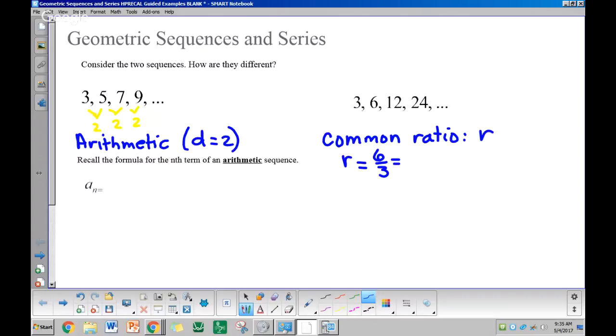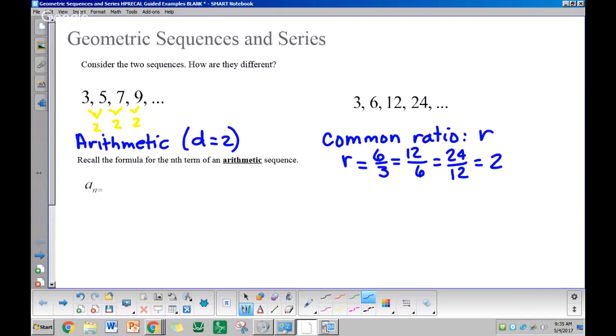And then we have to check whether it's equal to the third term, which is 12, divided by the second term. Does it? Yes. And then we have 24 over 12, and they all equal 2. So that is the common ratio. How many would you need to test?